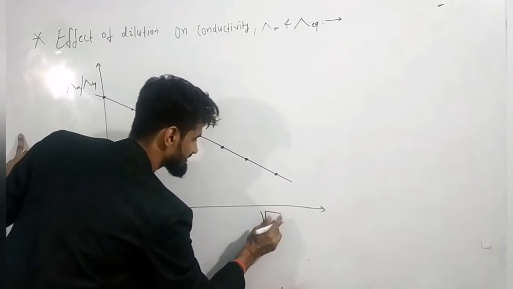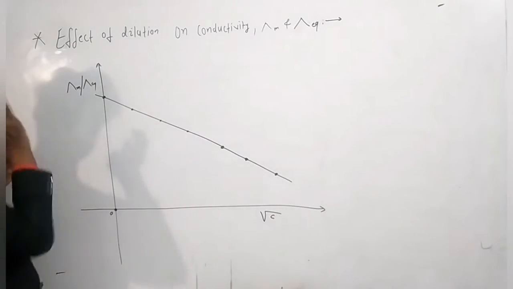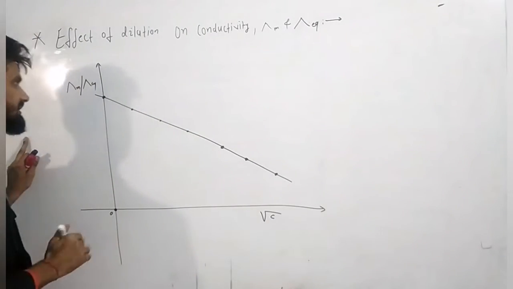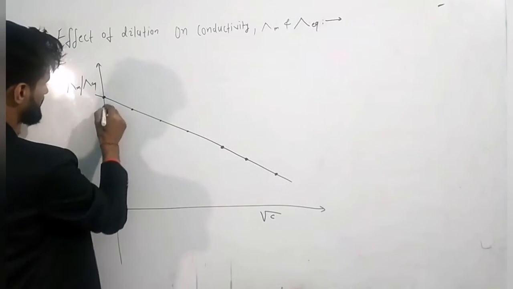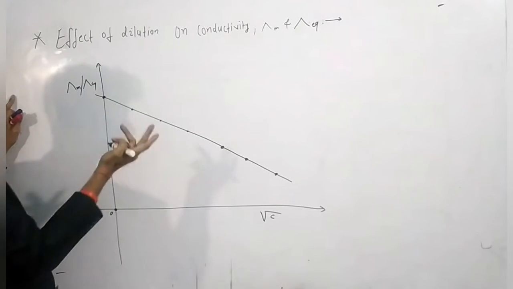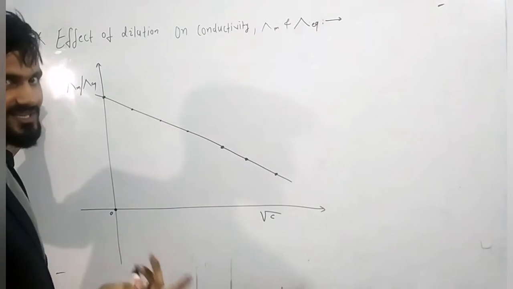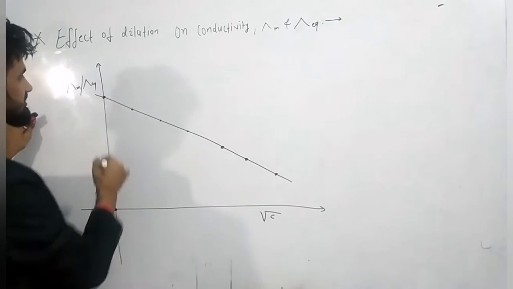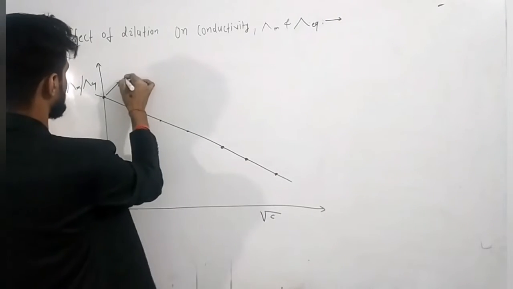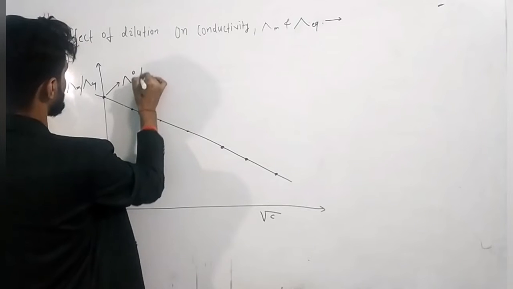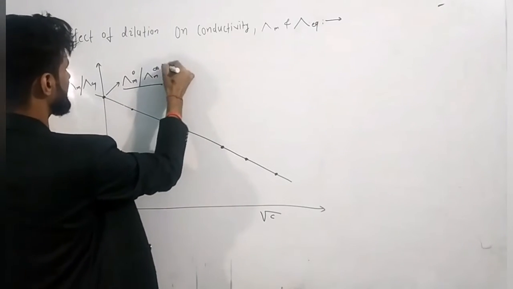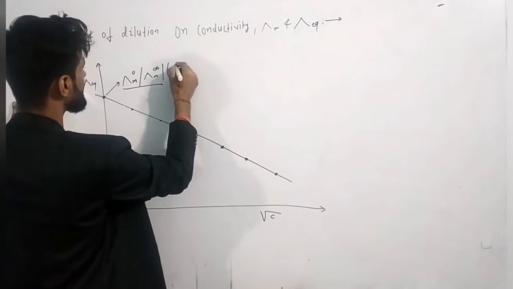The x-axis is the concentration axis and the y-axis is the kappa molar or kappa equivalent axis. Where the graph cuts the y-axis, the concentration must be 0, and if the concentration tends to 0, that point is called the infinite dilution point. So this value of equivalent conductance and molar conductance will be called kappa naught infinity or kappa molar infinity. It is called the limiting molar conductance.